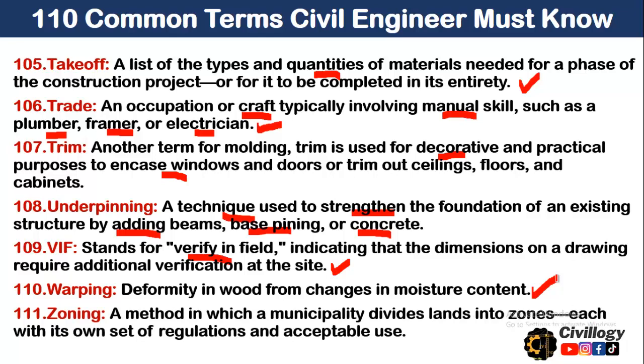111. Zoning. What is zoning? A method in which a municipality divides land into zones, each with its own set of regulations and acceptable use. If we talk about our country, Pakistan, it is divided into 5 zones, which could be on the basis of different statistics.